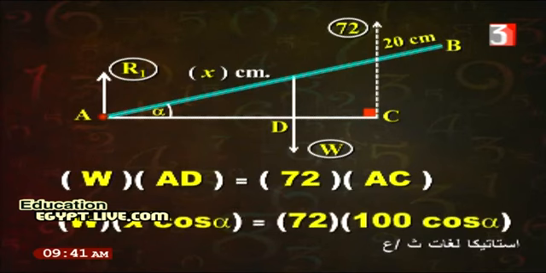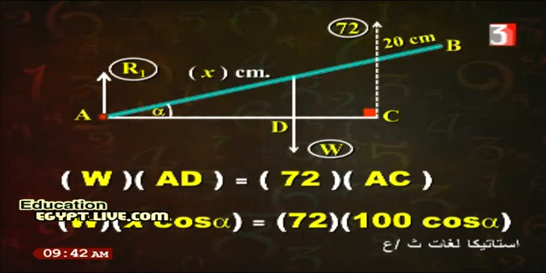We suppose, my dear student, AC, the distance AC, equals 100 cosine alpha. Why? Because AB equals 120. Therefore, when we calculate AC from the opposite figure, AC over 100 equals cosine alpha.